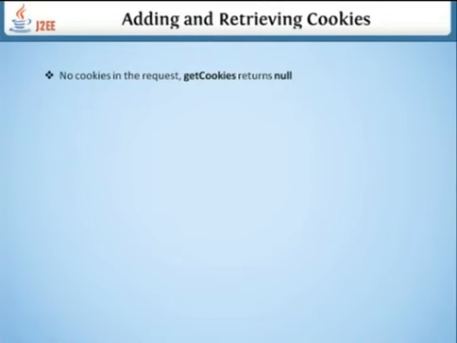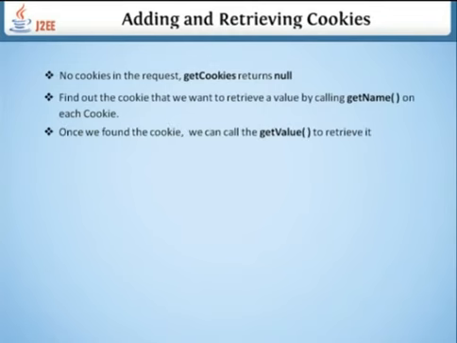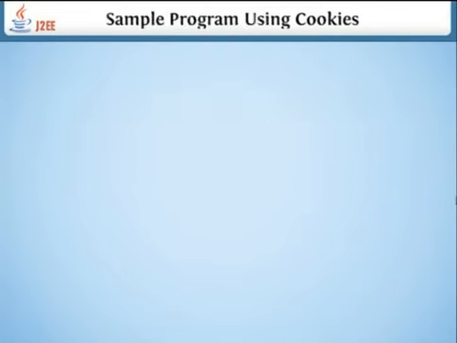A sample program using a cookie for better understanding. Two servlet programs: SendCookie and RetrieveCookies. SendCookie sets four cookies, cookie 1, cookie 2, cookie 3, cookie 4, set to the default expiry, so if we close the browser the cookies expire.